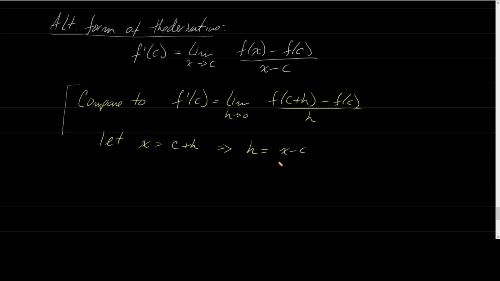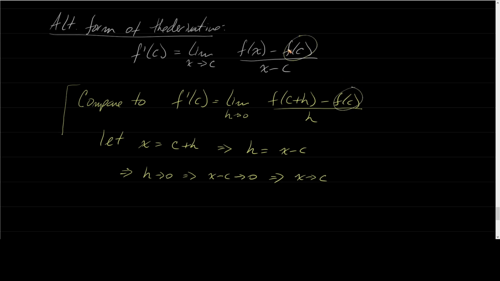This also implies that if h is going to 0, then x minus c is going to 0. But if I add c to both sides, this tells me that x is going to c. So that's all that happened there.